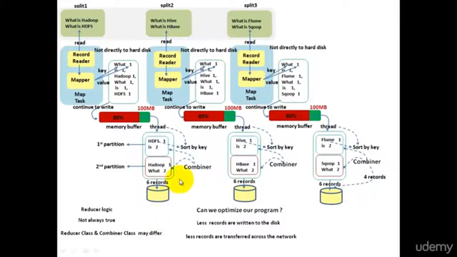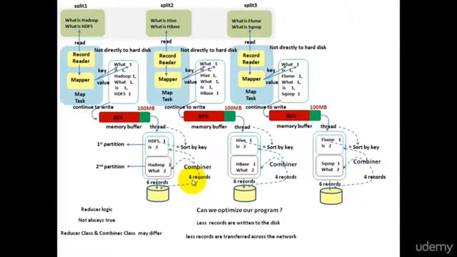Let's go ahead and use the combiner class and write the actual count of the word from each map task. You can clearly see that the records are combined. Now only 4 records are written to the disk instead of 6 records from each map task.